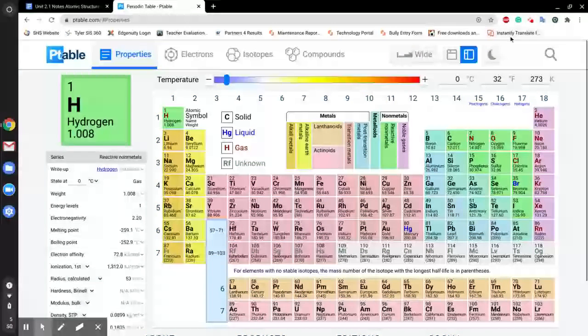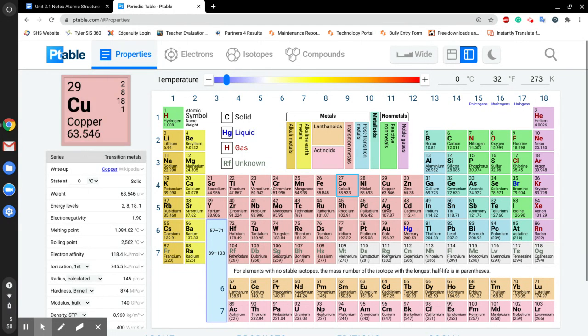It's a super interactive website showing you all of these elements, showing you the chemical symbol, plus the atomic number and the atomic mass.